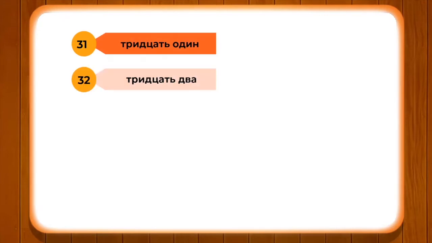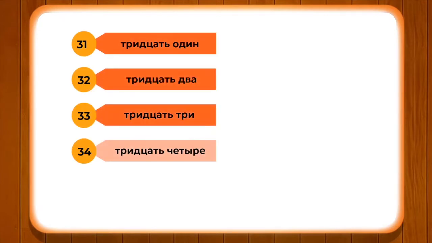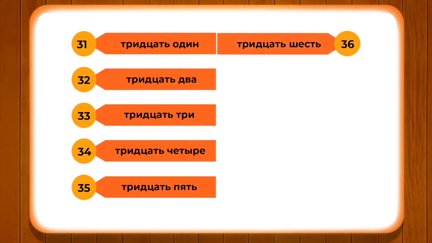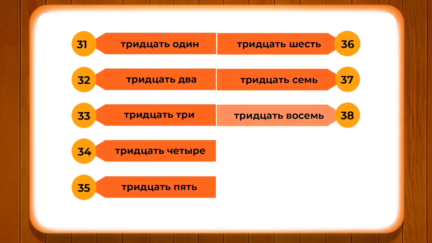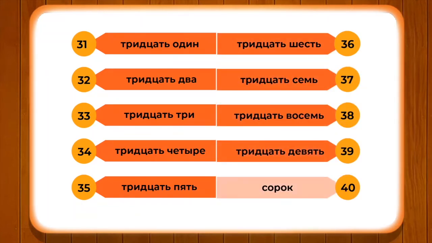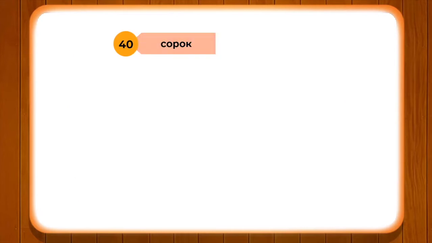Alright, so after 30, we already know how to count further: 31, 32, 33, 34, 35, 36, 37, 38, 39 and then 40. 40 is 40.